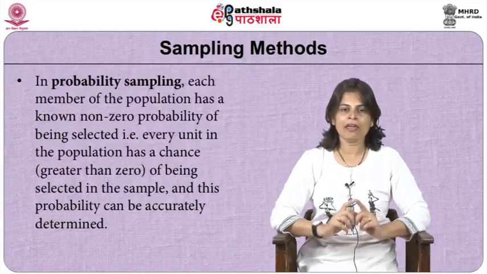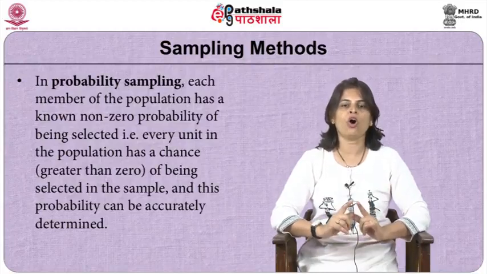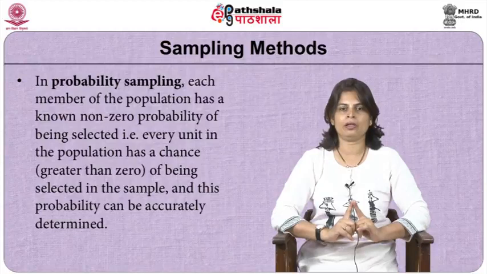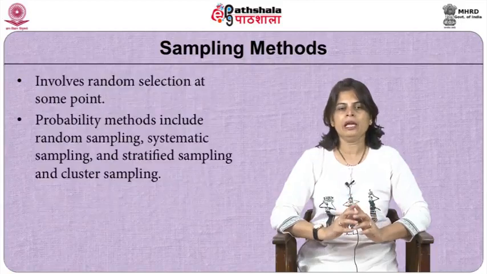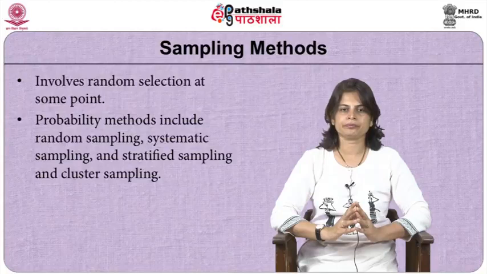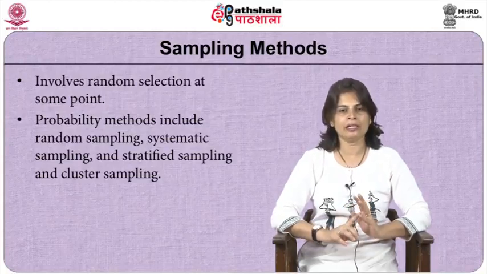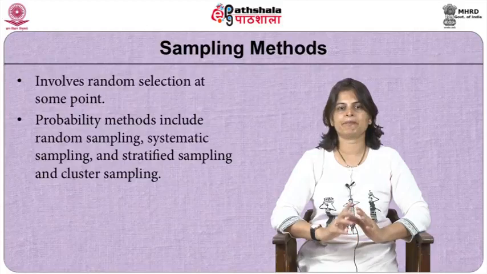That is, every unit in the population has a chance which is always greater than 0 of being included in the sample, and this probability can always be accurately predetermined. It involves random selection at some point. Probability sampling methods include random sampling, systematic sampling, stratified sampling and cluster sampling.